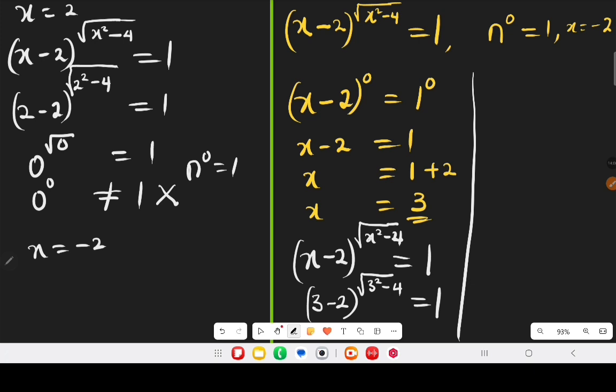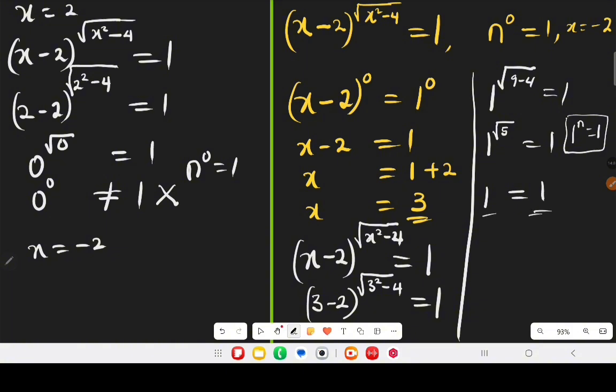We have 3 − 2 gives us 1, raised to the power of the square root of 3², which gives us 9 − 4. Will it give us 1? Then we have 1 raised to the power of root 5 equal to 1. And in the law of indices, 1 raised to the power of n is equal to 1. So 1 raised to the power of root 5 gives us 1, which is 1 equal to 1. So our answer is correct.